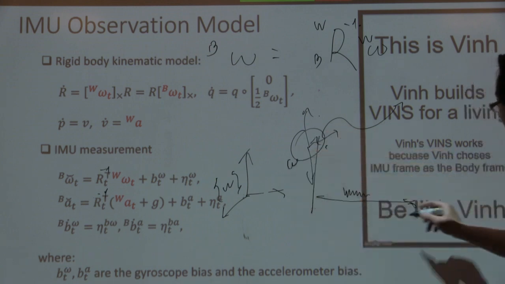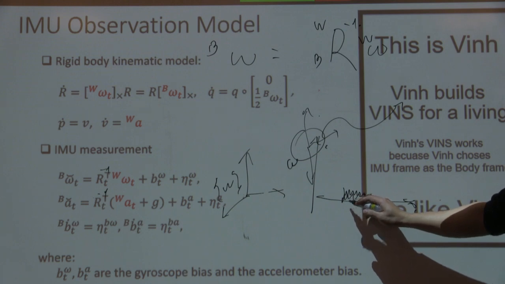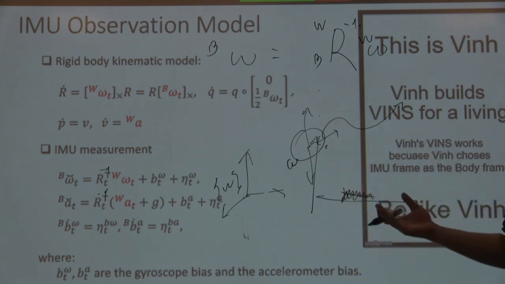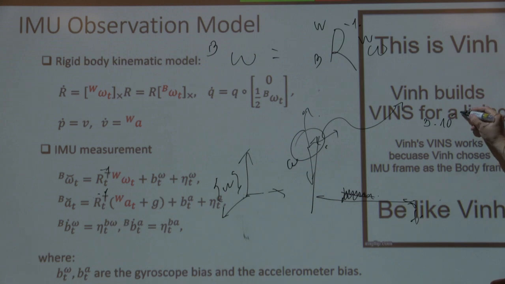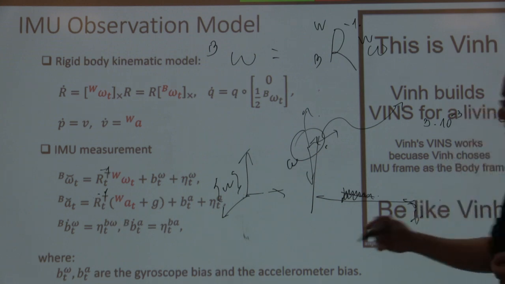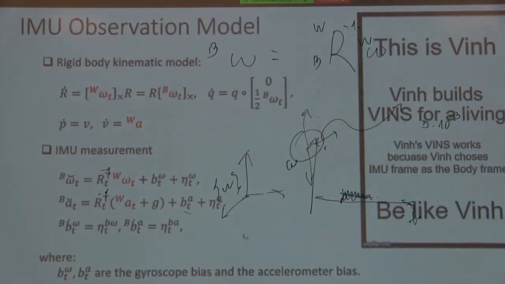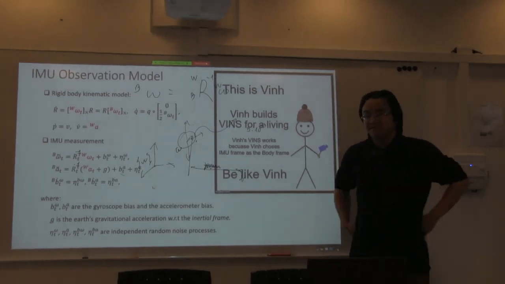So this is omega, and this is t, and if you sample the data, you get something like this. If you average it, you're supposed to get 0, but you don't get 0. You get something like 3 times 10 to the power of minus 3, something like that. So you can still have bias. Accelerometer is the same. It's some kind of engineering defect.